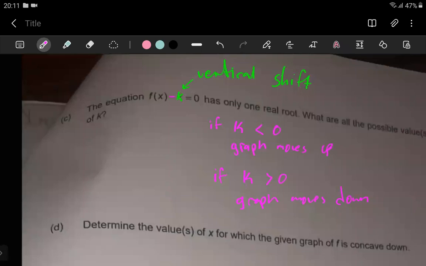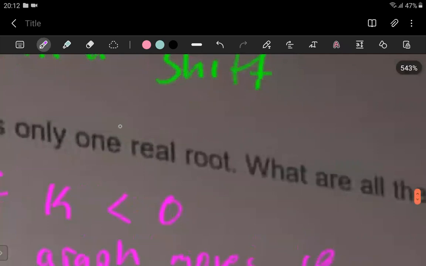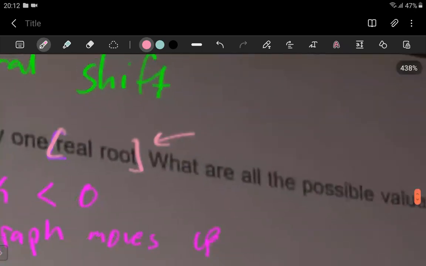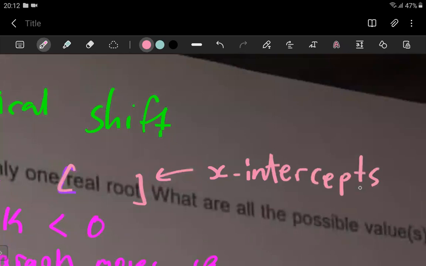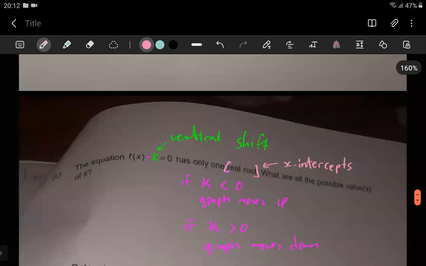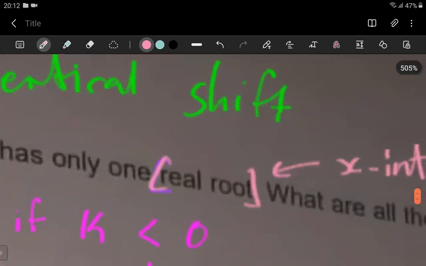With all that being said, when they're talking about roots, roots are just x-intercepts. Knowing that roots are just x-intercepts, what they are trying to ask us here is: how many units up or down should we move this graph so that it has one x-intercept?